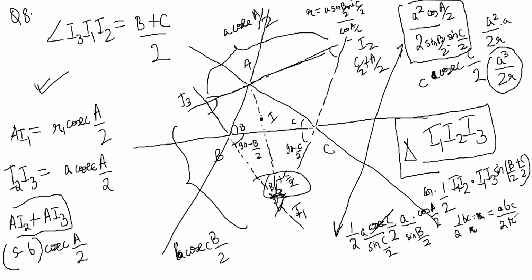Wait, 2 small r or something is coming. Is that what we have to prove? Area of triangle. We had to prove ABC equals to 2R. Fine. It says area of triangle I1, I2, I3 is equal to ABC by 2R.